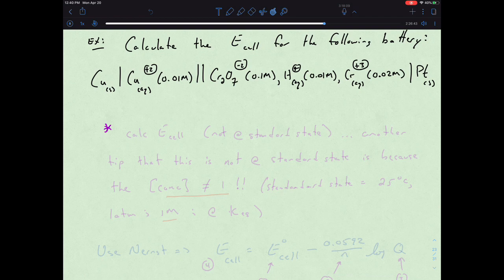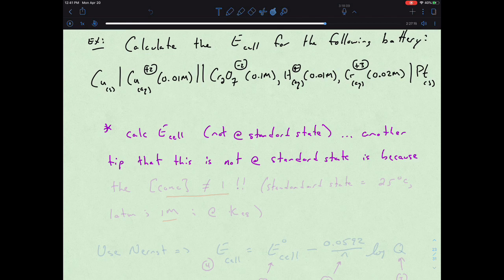So first thing, they tell us to calculate cell potential, and so this is not at standard state. Another tip that this is not at standard state is because the concentrations are not equal to 1.